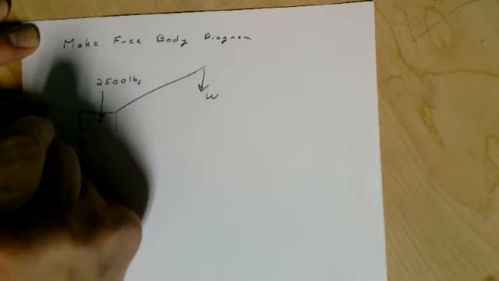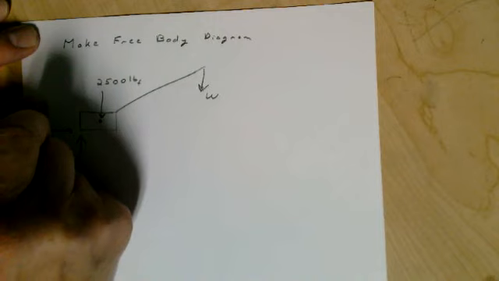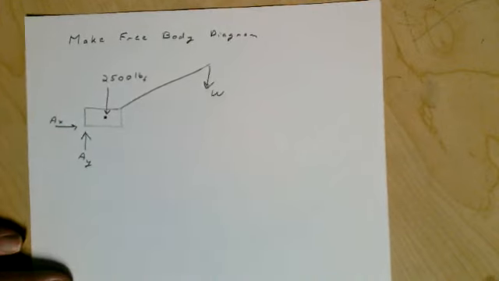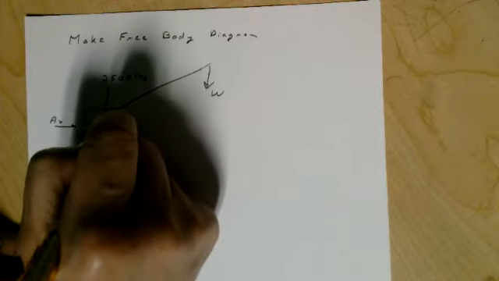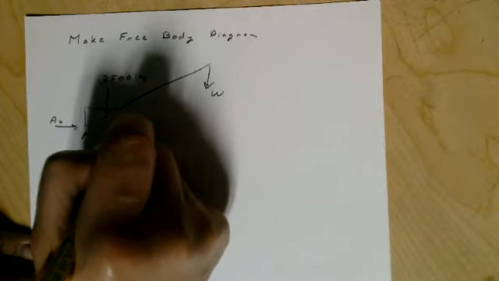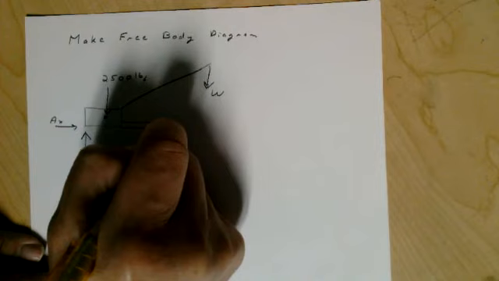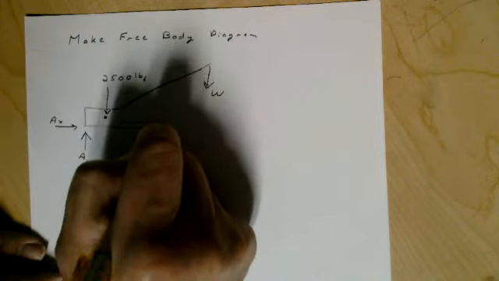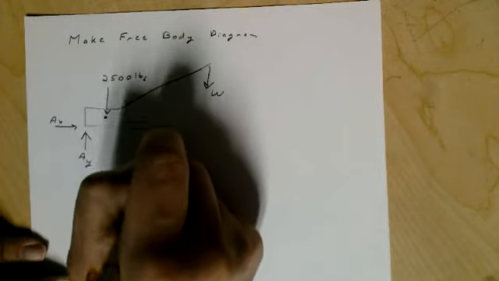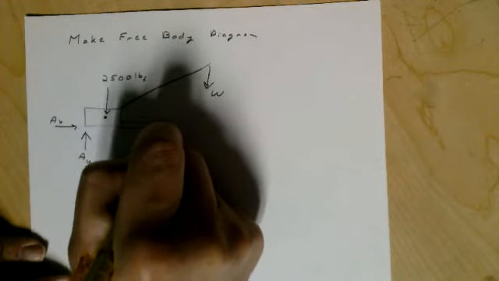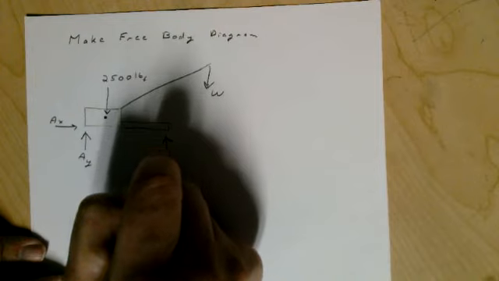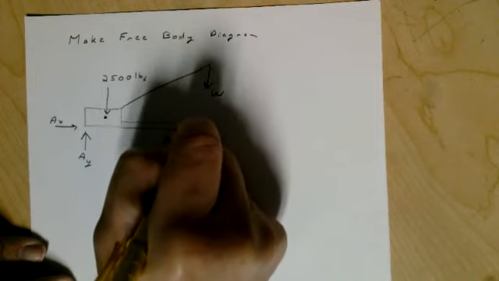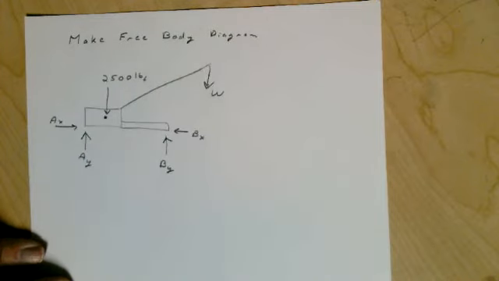And we're going to put in, I'm not sure how important the AX is going to be. We're going to put that in though, just to be sure. That touches the ground. Then we have this coming out over here, and then we have a BY here, and maybe a BX here.